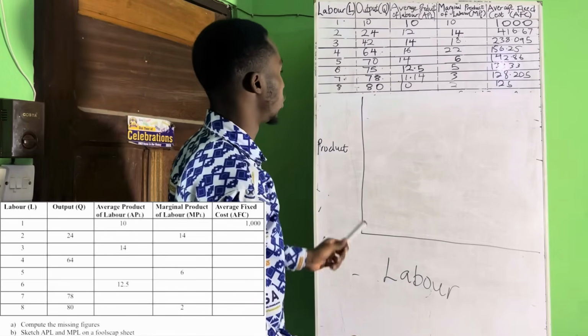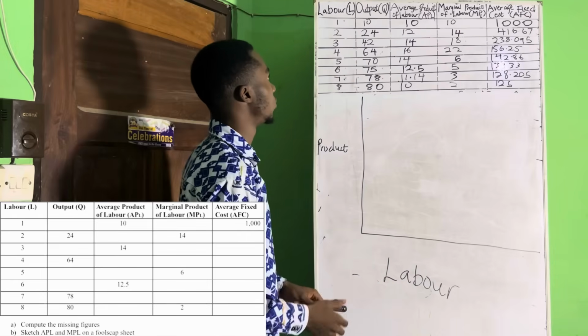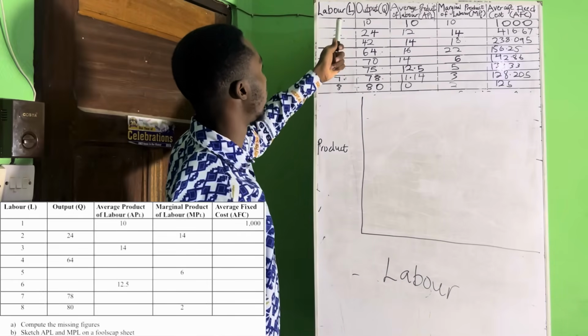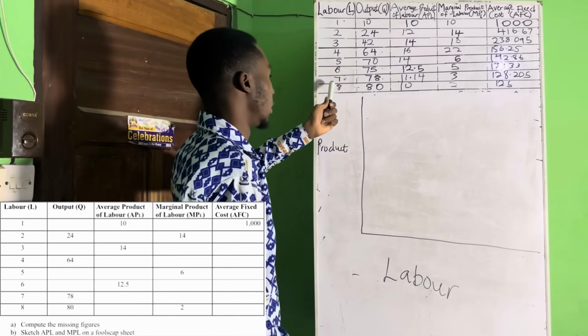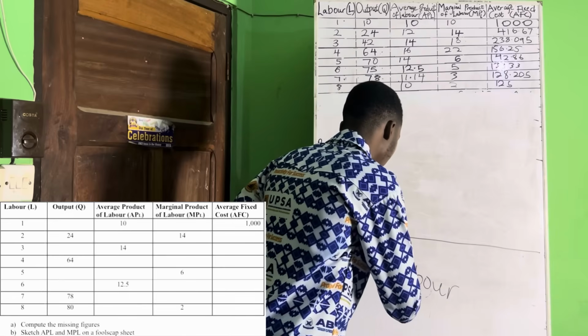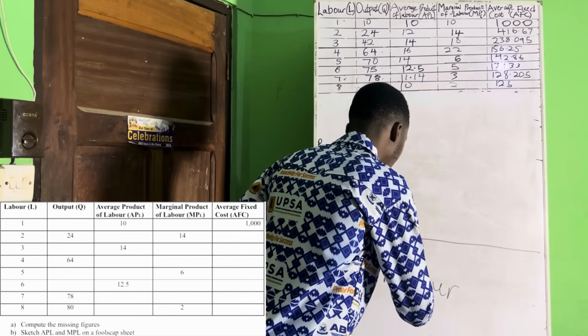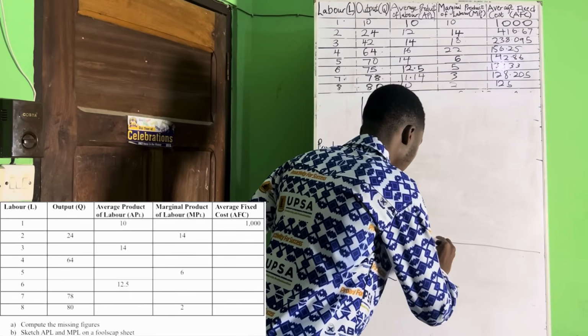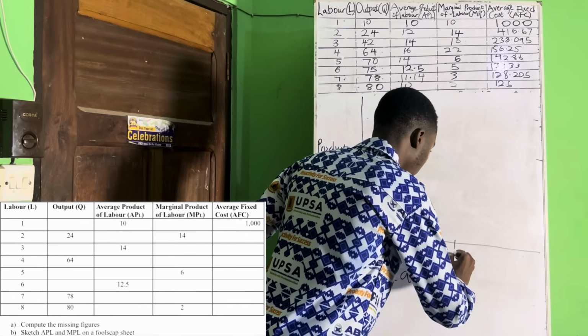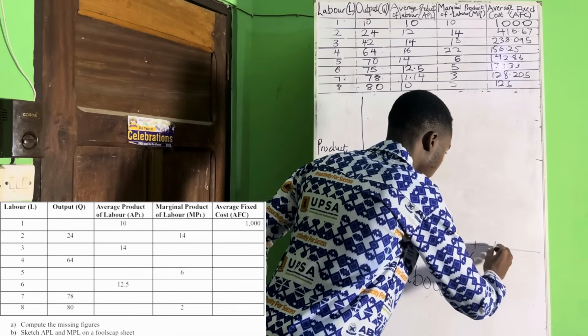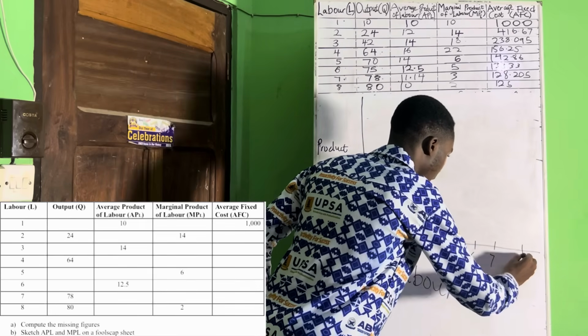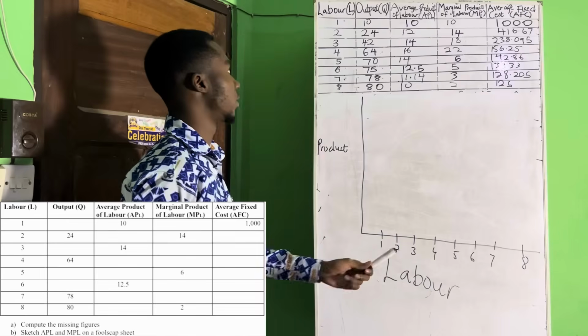You get it? So now that you've drawn it, the next thing is that I'm going to choose a scale. For labor, we have 1, 2, 3, 4, 5, 6, 7, then 8. So that's for the labor.